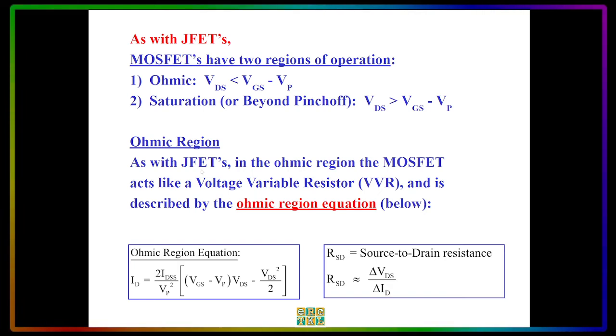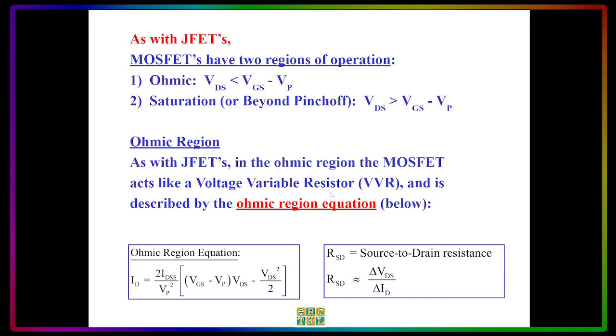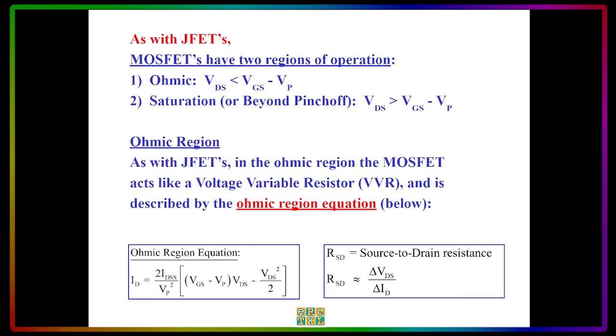Now, the ohmic region, as with JFETs, in the ohmic region of the MOSFET, it acts like a voltage variable resistor. Remember that a resistor can control the current, and varying it or changing it would mean that the current will also be varying. The higher the resistance, the lower the current.